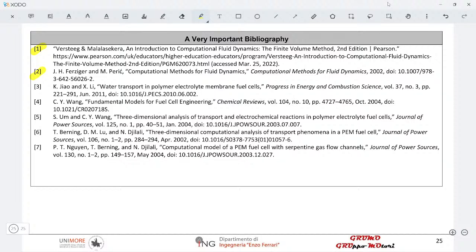That's my opinion, and it also depends on the computational resources one has at hand. You can find in literature examples of stacks fully reproduced in 3D. Probably you will find in the paper some assumptions that simplify the geometry and the number of grid points. But yes, it is possible.